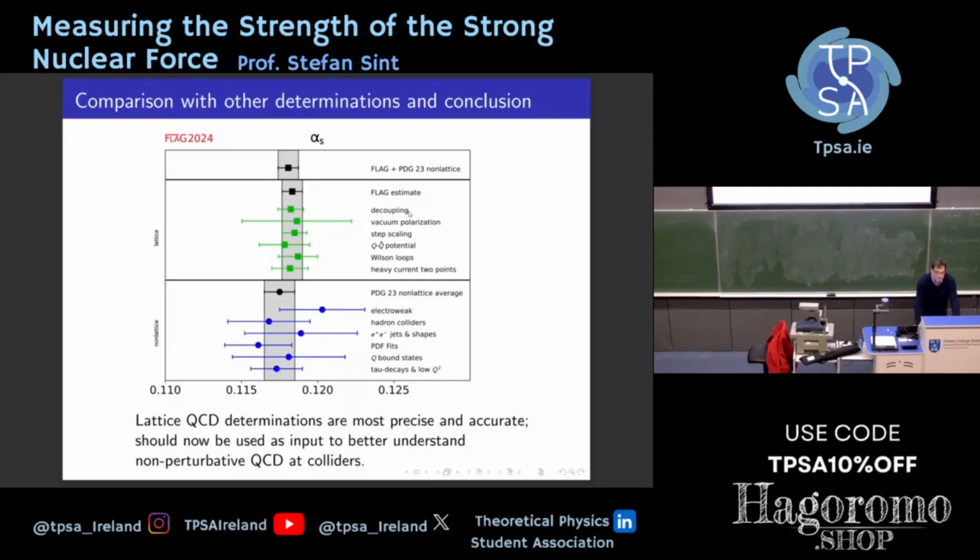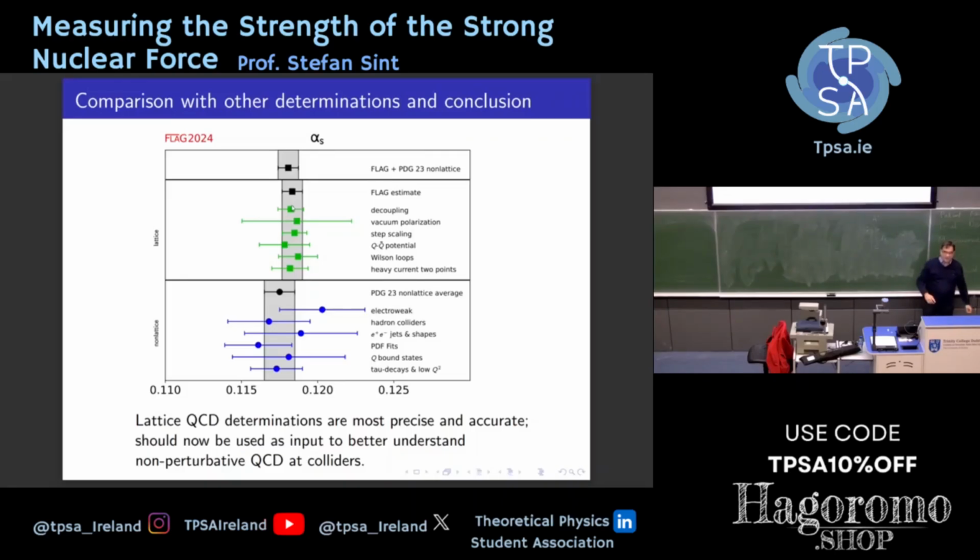Then there is a decoupling result that's also done by us in the ALPHA collaboration, which has a similar error, and it is basically a non-perturbative connection between 3-flavor QCD and 0-flavor QCD by ramping up the mass of a triplet of quarks, a fictitious triplet, ever heavier, and then the effective theory is 0-flavor QCD, or the pure gauge theory. And then the step scaling is still done, but in the 0-flavor theory, where it can be done much more precisely.